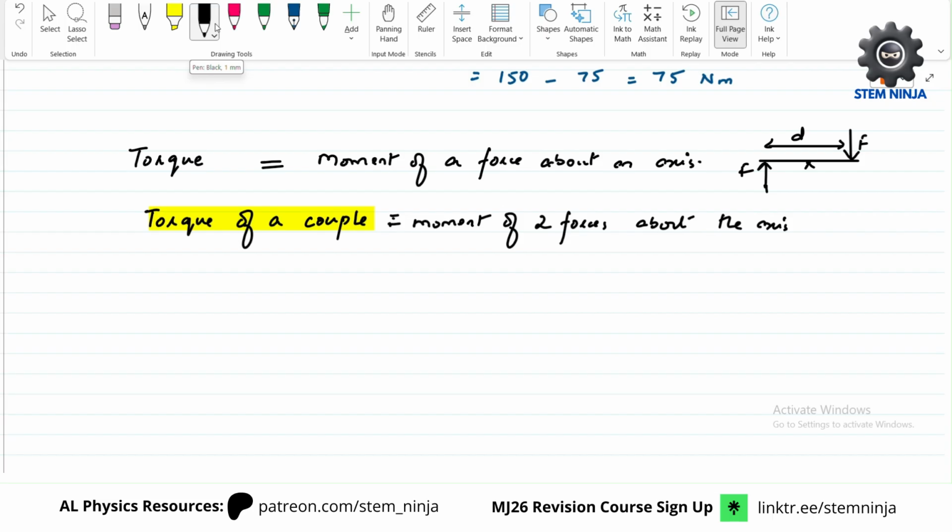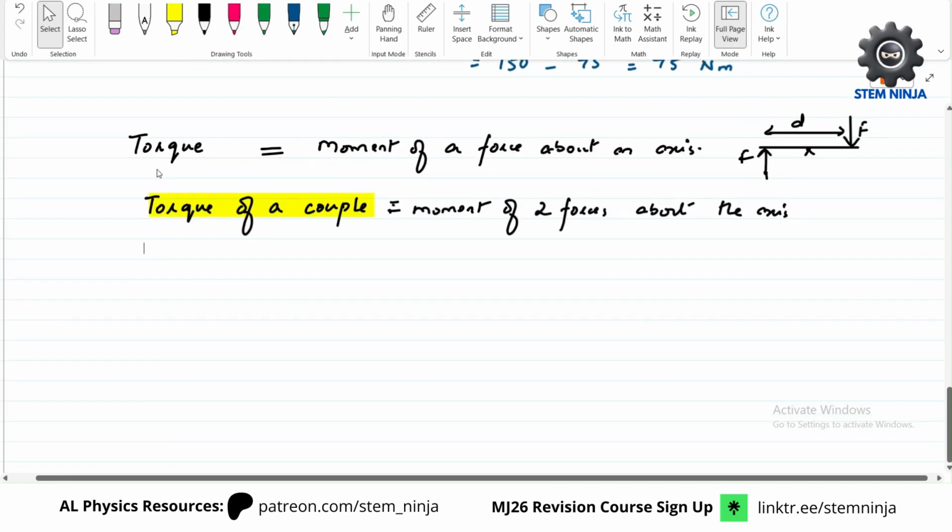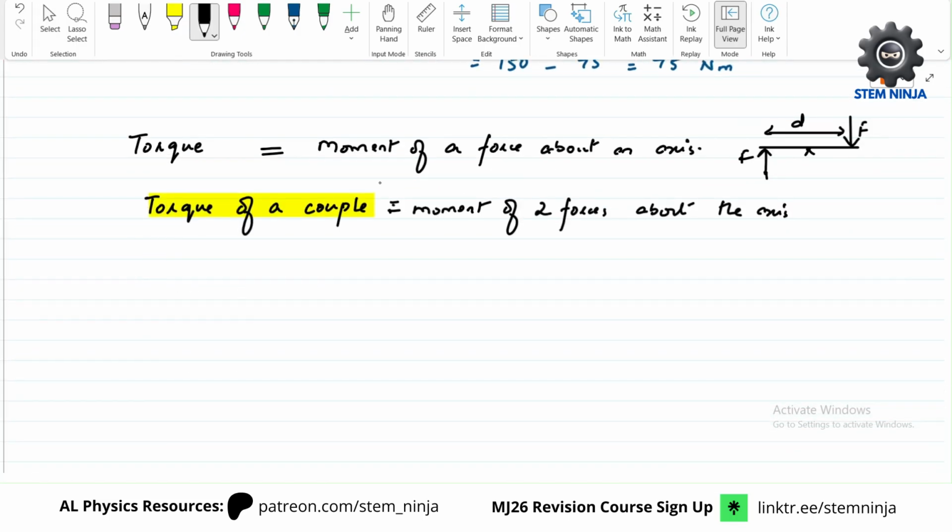Now, how does this work over here? What is the difference between this and this? Basically, this is just simply adding these two moments. For example, you have two forces, let's say F and this is also F, and their lines of action are separated by some distance d.